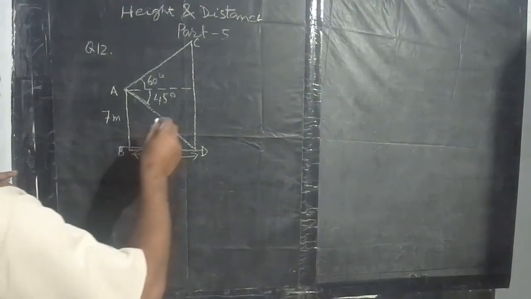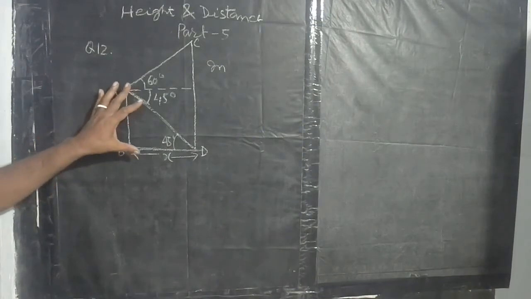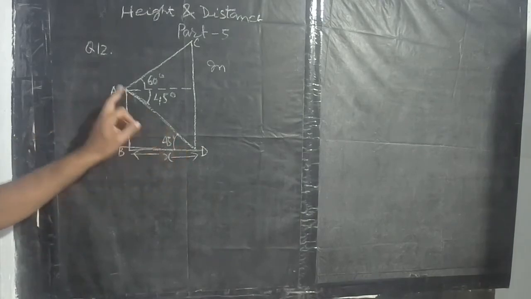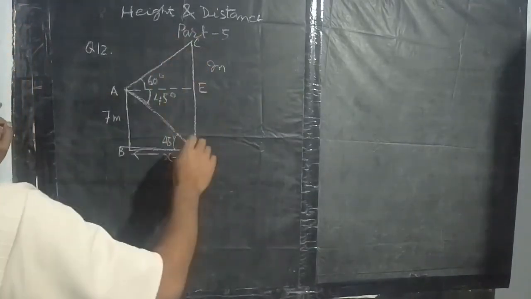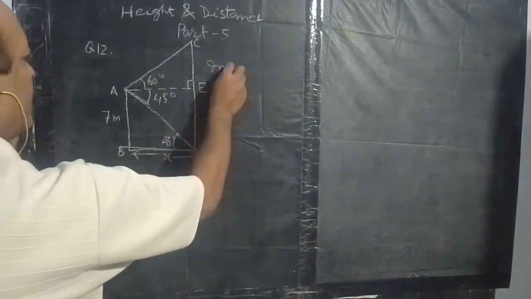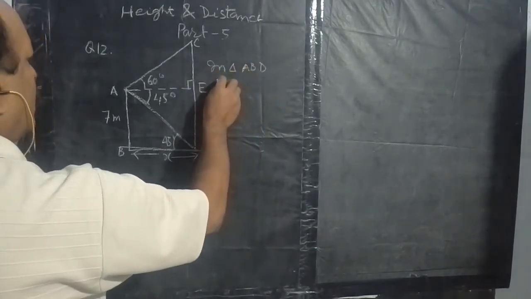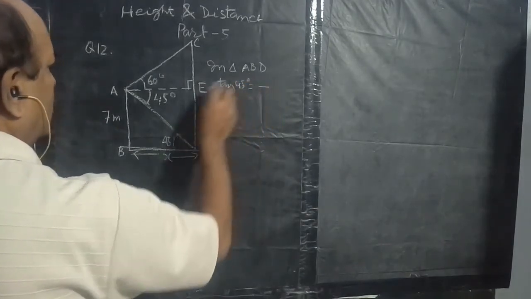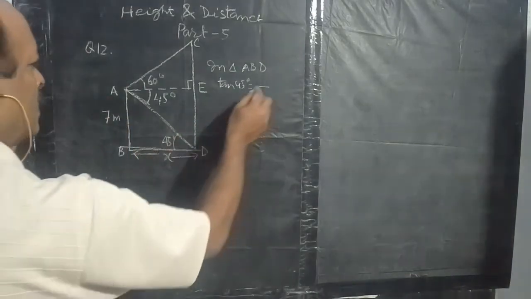Now here, in triangle, always try to find out right angle triangle. This is also made up of two right angle triangles. One is ABD, another, suppose consider this point E, AEC. This is the right angle. Now in triangle ABD, here tan 45 degree is equal to opposite upon adjacent.